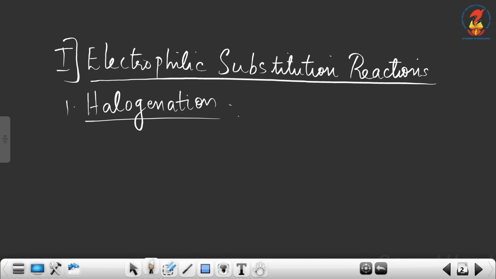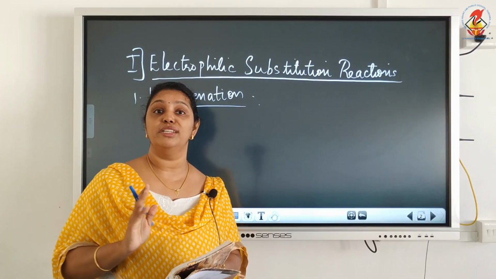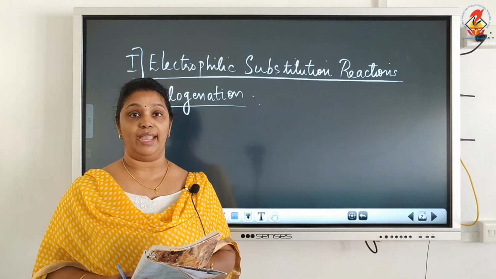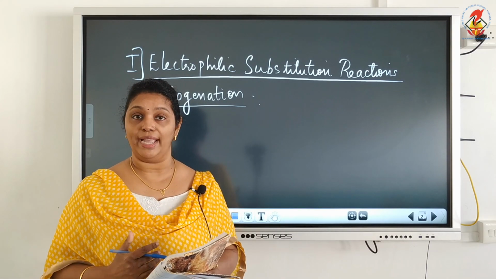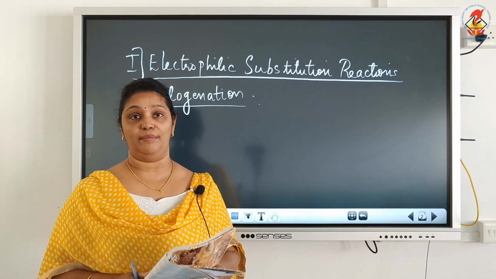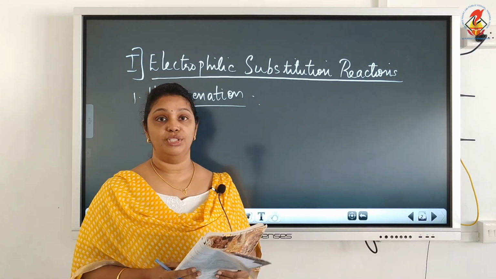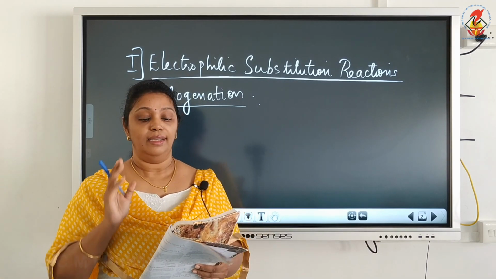Now, I told you any compound which contains a benzene ring can give electrophilic substitution reactions. So, here we are going to study the 5 electrophilic substitution reactions taking benzene as the example. Now, what is halogenation? How is it done?